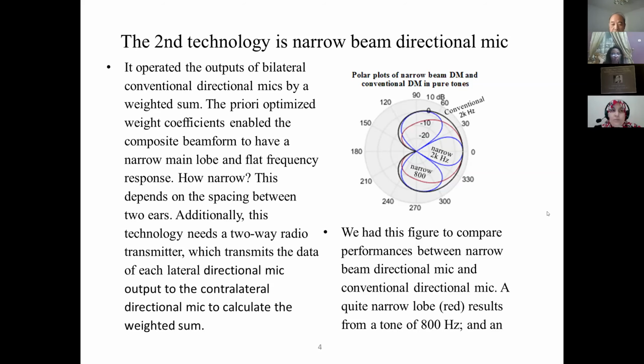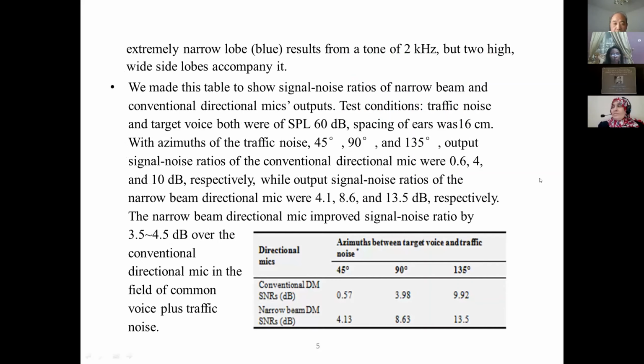A quite narrow lobe results from a tone of 800 Hertz. That's the red color one. And the extremely narrow lobe, blue color, results from a tone of 2K Hertz. But two high wide side lobes accompany it.